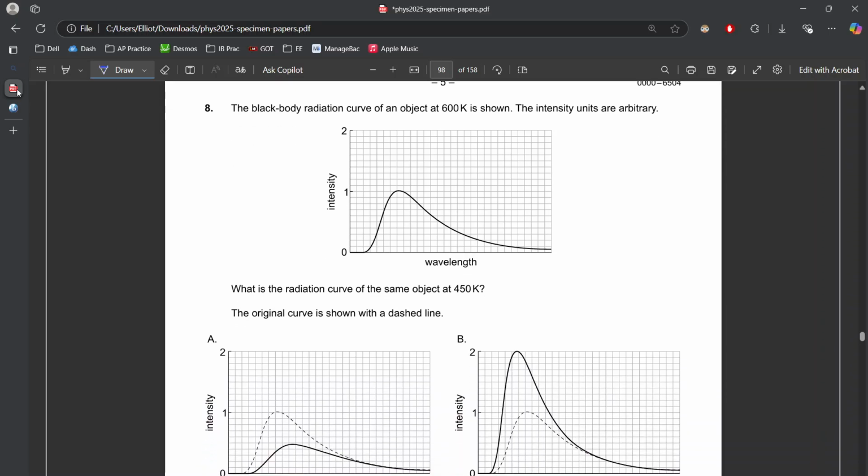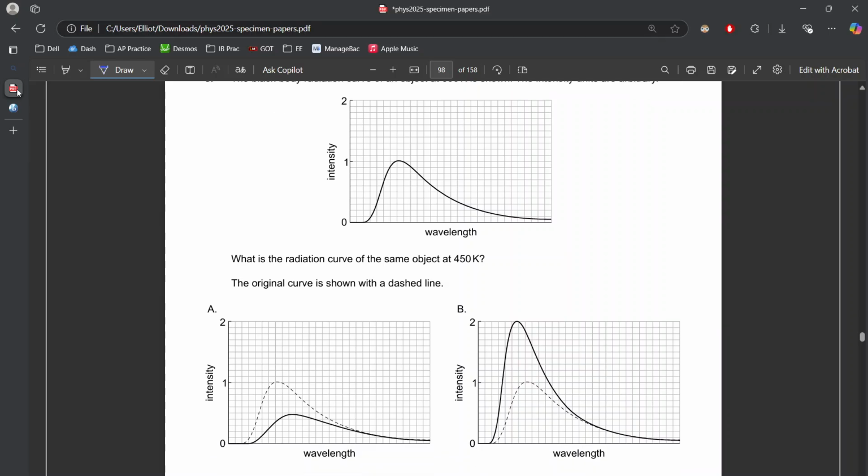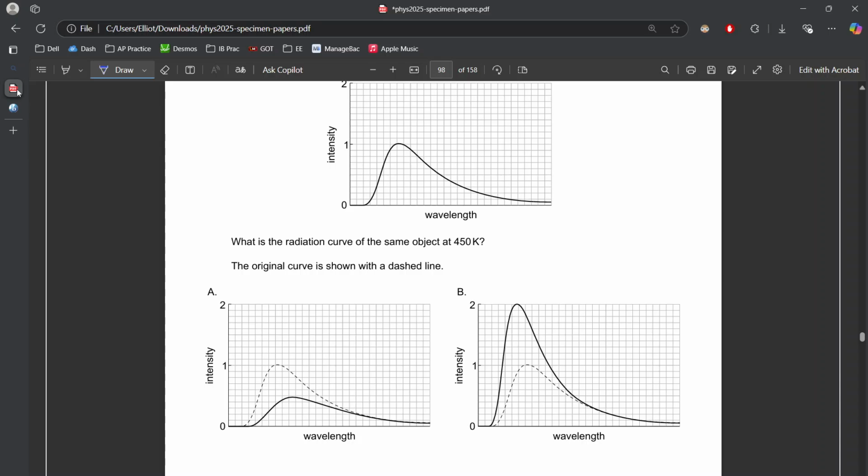Okay, so the temperature is 600 kilograms, or kilograms, oh my gosh, Kelvin, sorry. Intensity units are arbitrary. What is the radiation curve of the same object at 450K? There's an equation that says temperature times lambda max, which is wavelength max, is equal to some constant, like 2.9 times 10 to the something.